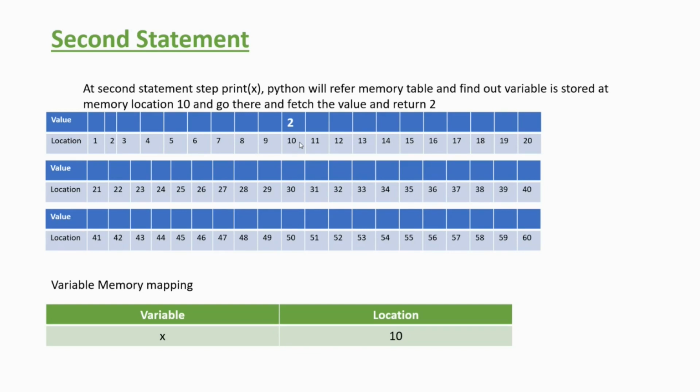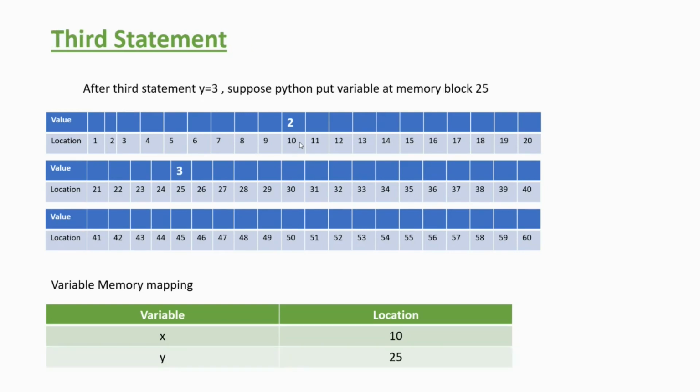Now moving ahead, when we run the third statement, y equal to 3, Python will again try to find the best location to save this value in the memory. Let's assume Python found that memory location 25 is the best one. Python will save the value 3 at location 25, and update the table with variable y and location 25.